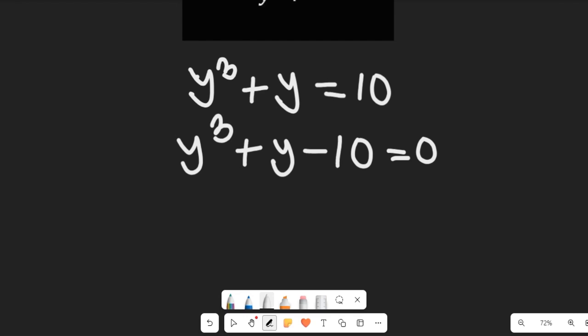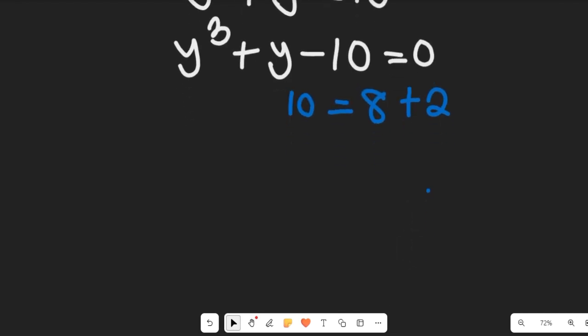So from this expression, I can bring in a logic that my 10 can be equal to 8 plus 2. 8 plus 2 is going to give me 10. If I have my 8 plus 2 to give me 10, then I can replace that with that.